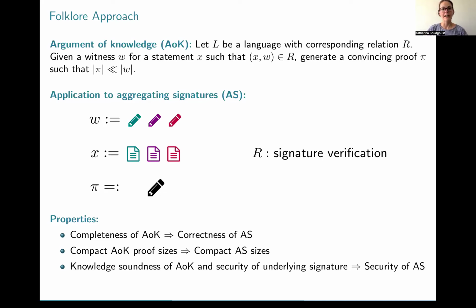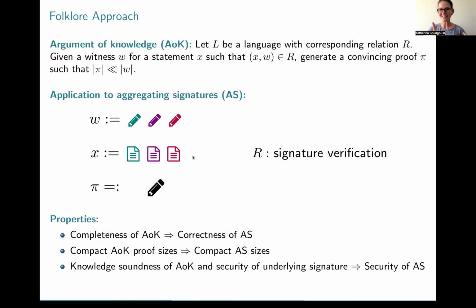And if I now want to apply this to the case of aggregate signatures, then I interpret my signatures as my witness. I have as my statement my messages, and the relation, whether a message lies in the language or not, is that I know verifying signatures.